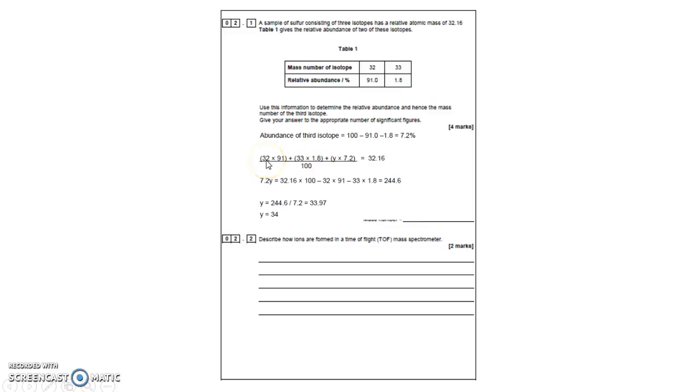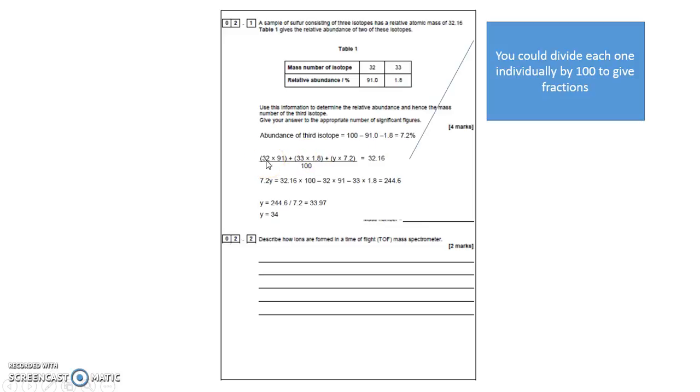Now here, you could either divide by 100, or you could have 32 times 91, that's the percentage, so that's the mass of this isotope, 91% of it, times 33, that's the mass of this isotope, times 1.8% of it, and then the third isotope, well, you don't know what mass it is, so I've called it Y, times 7.2% of it, divided by 100.